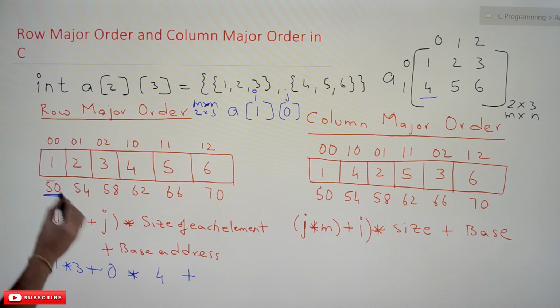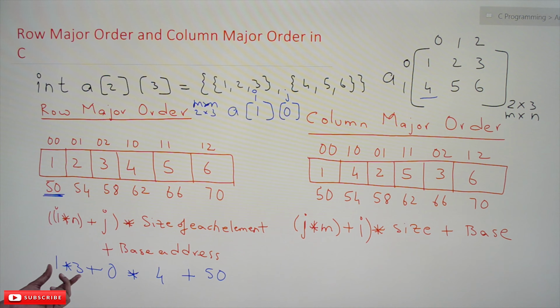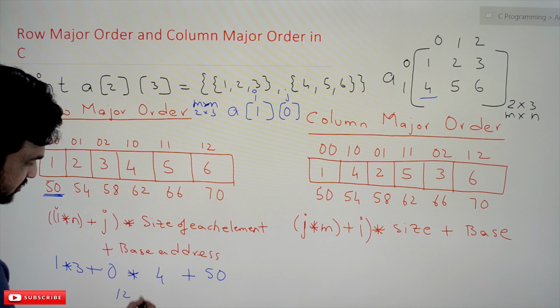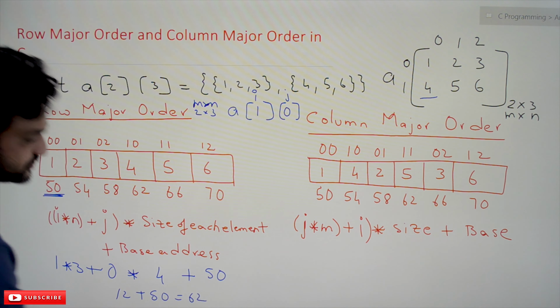What is the base address? 50. So 1 into 3 is 3, plus 0 is 3, 3 into 4 is 12, 12 plus 50 is equal to 62. Where this 4 is stored in row measure order is the location 62.